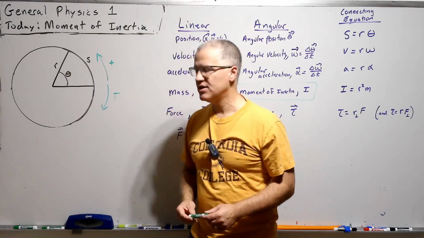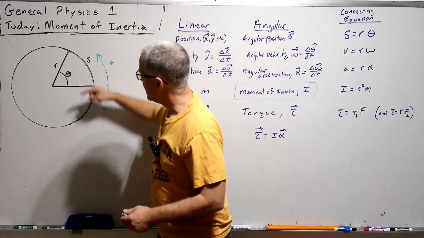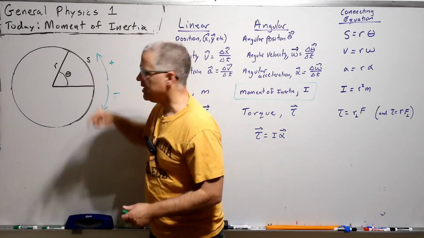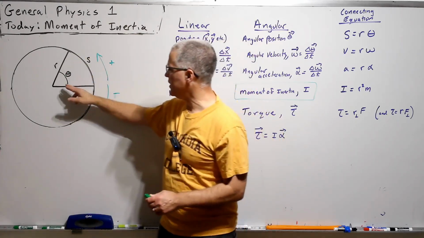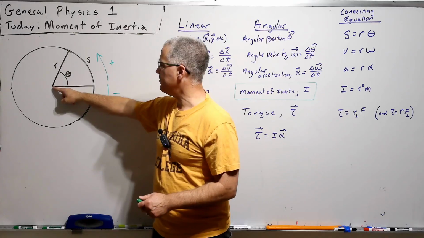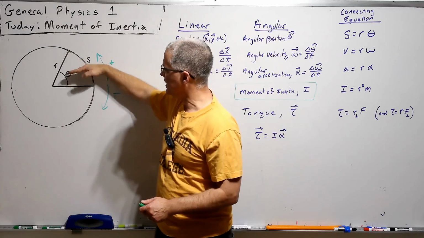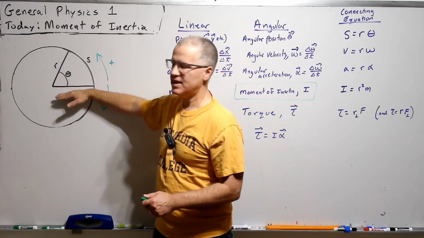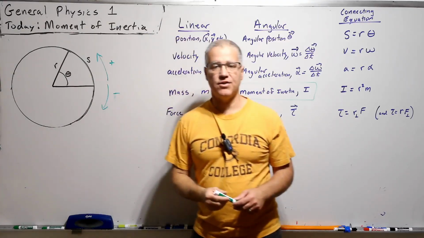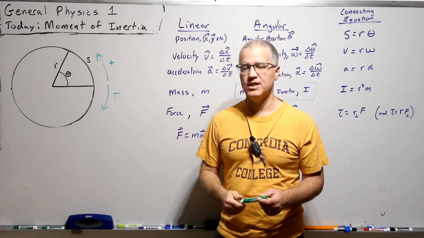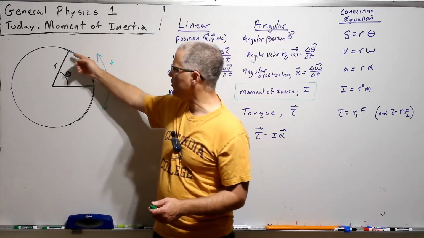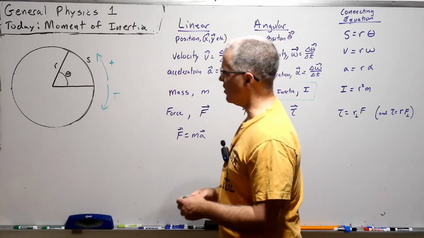We're arcing on this arc path. This is also given to us by the angle between the radius from the center to where we're at, and the conventional x-axis. And so the angle theta, the angular position, is another way to indicate where we are along the surface.